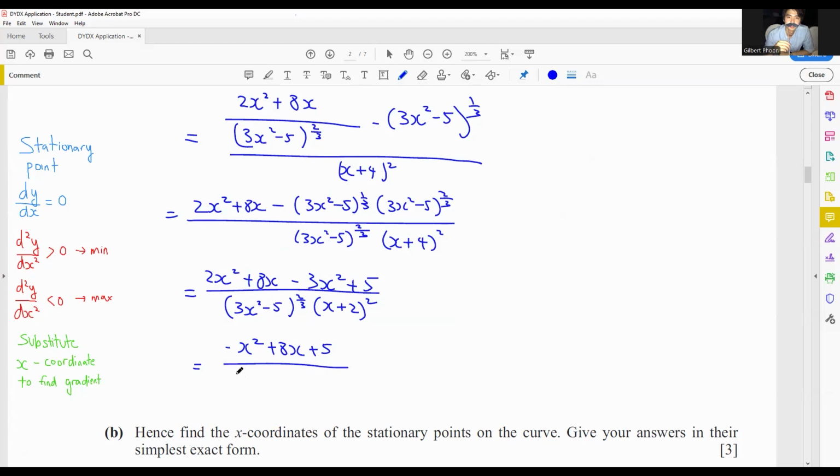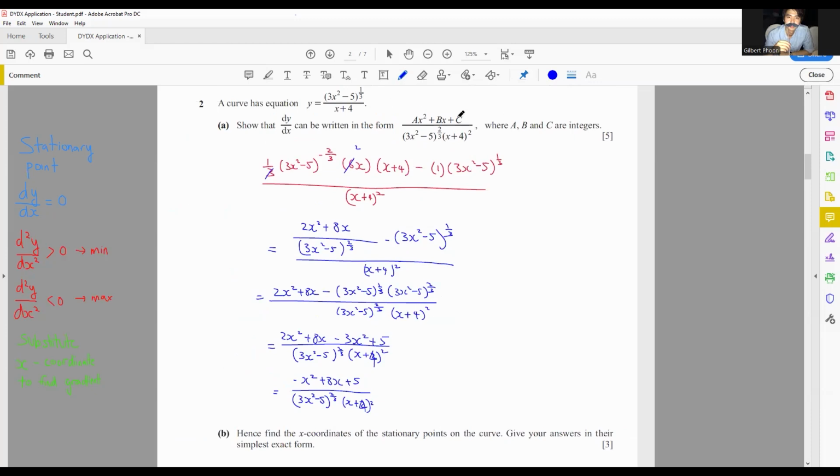Over the whole thing. (3x squared minus 5) to the power of 2 over 3, (x plus 2) squared. Oh, sorry, (x plus 4) squared. Why did I write 2? Okay. And then this is according to the format of the question.